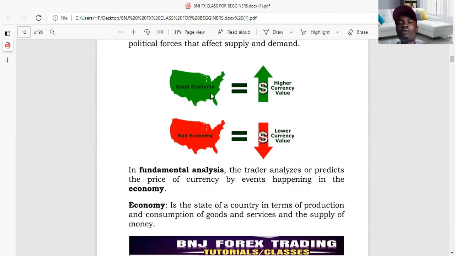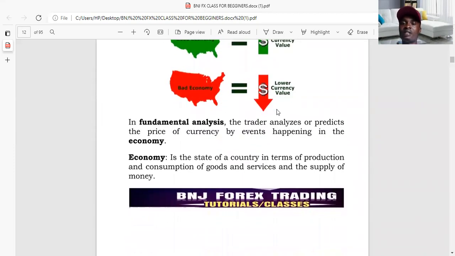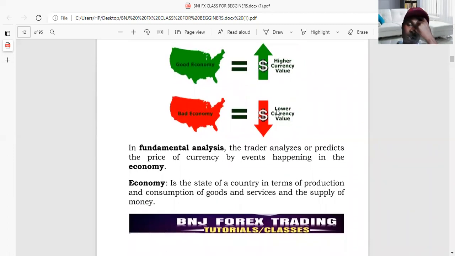So when the economy is good, it means that you should buy the market. That's when you will see the market going up. And when the economy is bad, you will see the pair currency going down. So you must sit down and analyze the economy of a particular country in which you want to trade their currency.